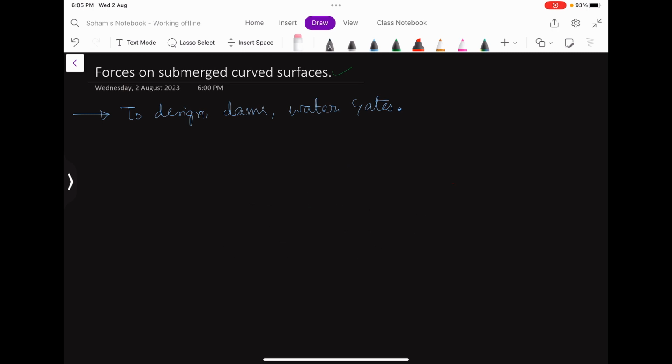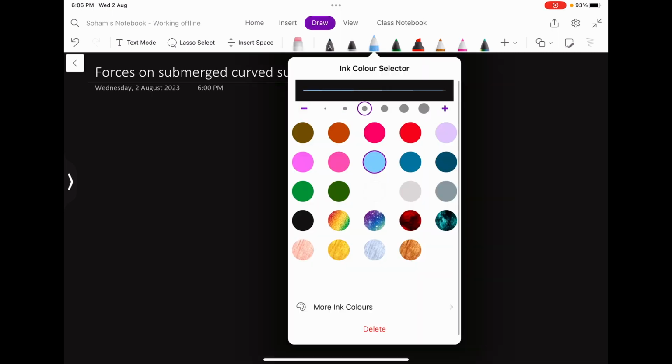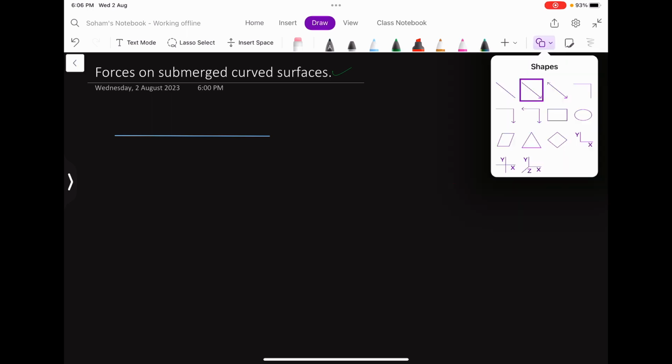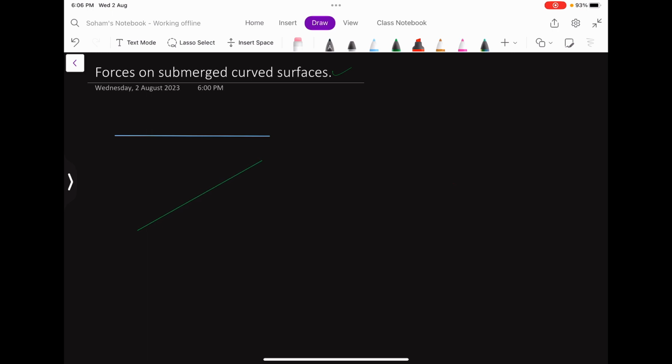So firstly, why are we studying the forces on submerged curved surfaces differently from those on flat surfaces? Let us consider two scenarios again. Here is the free surface, and here is the flat gate, or any flat surface AB.